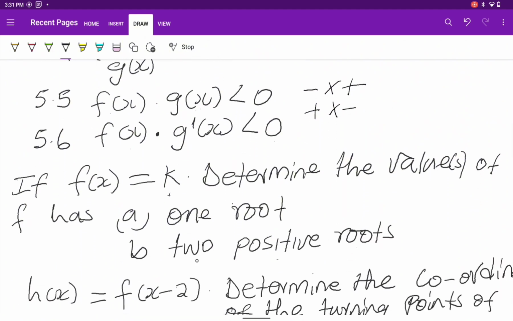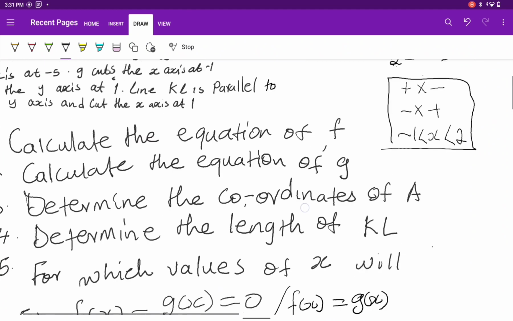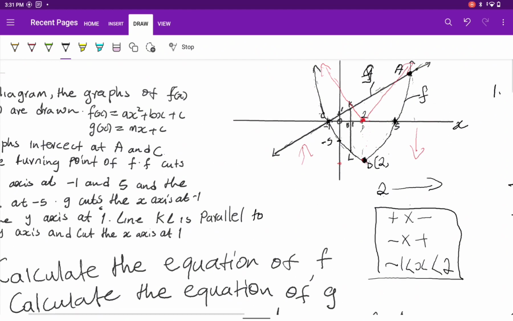Now we said we want two positive roots. In this case, as we look at this, we have two roots, but they are not positive. So we are going to shift this graph 5 units. If we shift it 5 units up, we will have a 0 and some positive root.